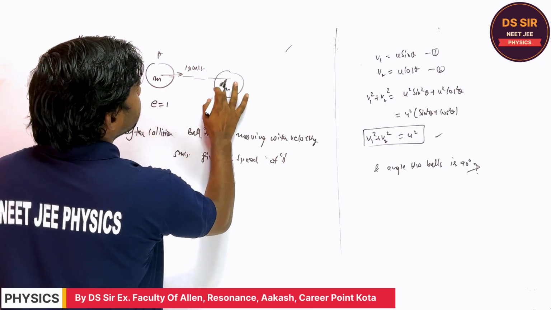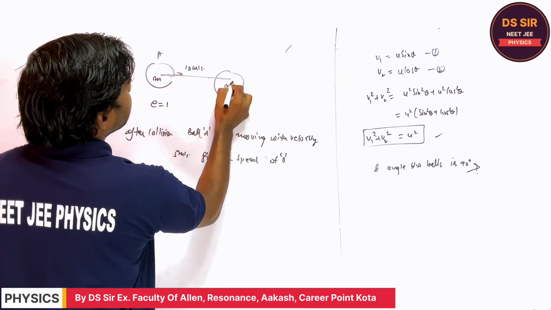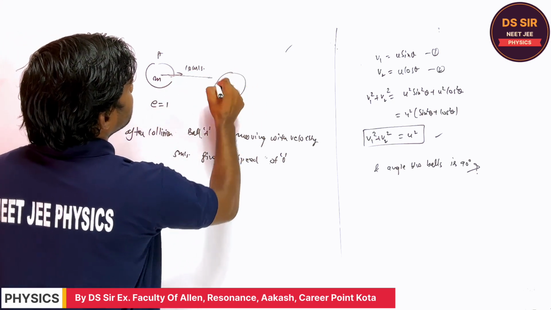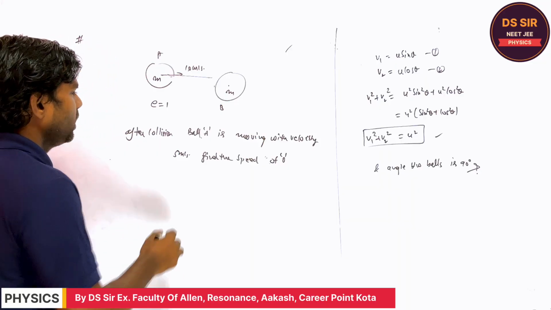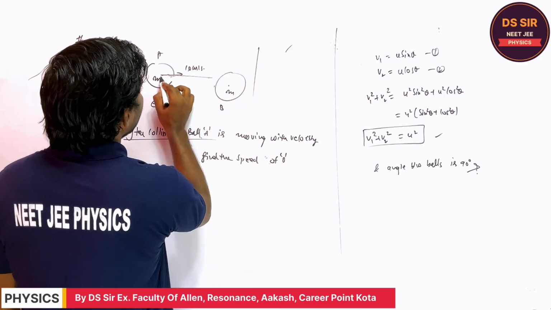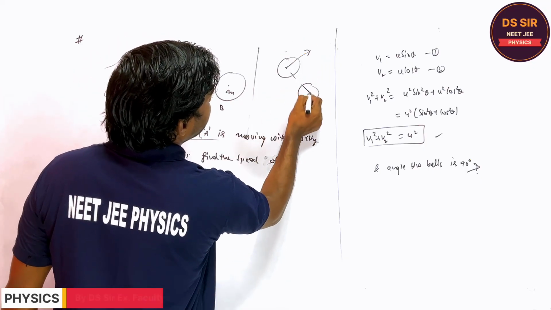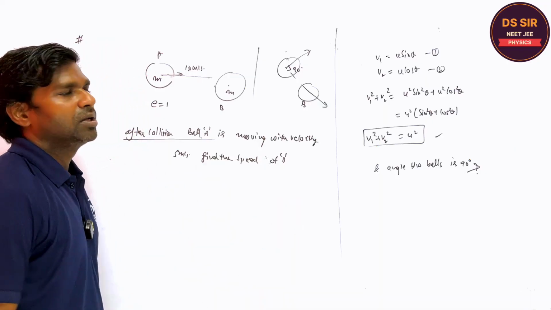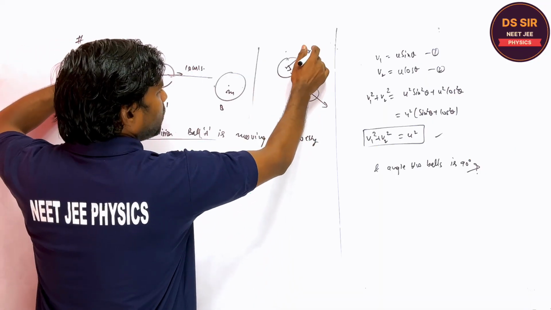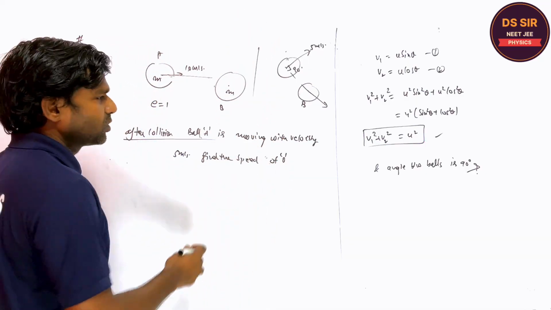Whatever the angle given, there is an oblique collision, right? The angle is given in the figure of the question. So what will you do? After collision, ball A is moving somewhere like this, and definitely ball B will be moving perpendicularly. So its velocity will be 5 meter per second as told by the question.